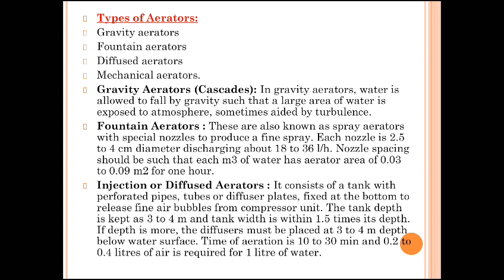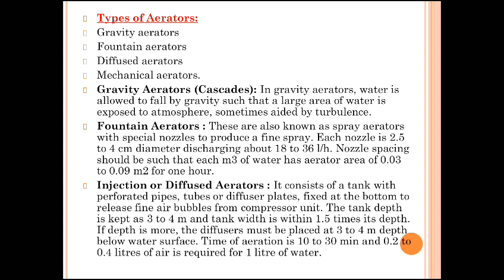In gravity aerators, the water is allowed to fall by gravity such that a large area of water is exposed to the atmosphere, sometimes aided by turbulence. It means in this one, the water is allowed to spray in the air, and by gravitational force it comes down onto the earth or a plant, so that a large area of water is exposed to the atmosphere, where the CO2 or other gases volatilize and the water becomes gas free.